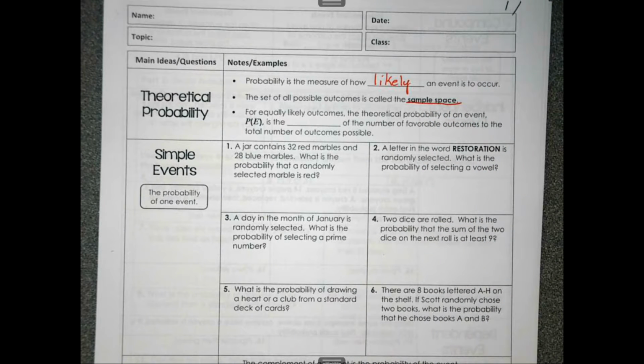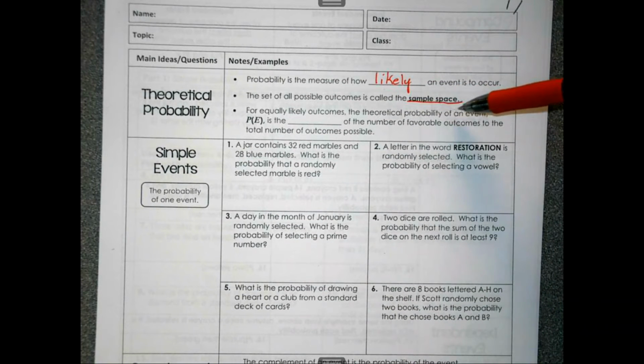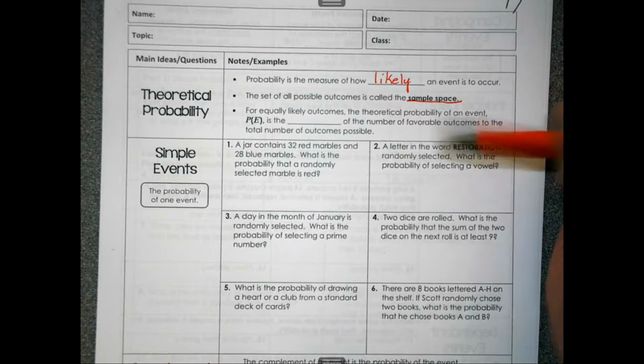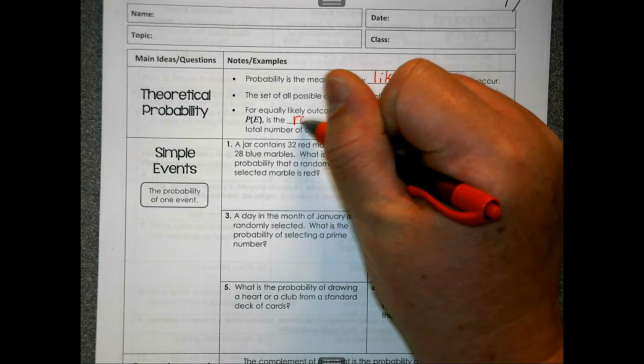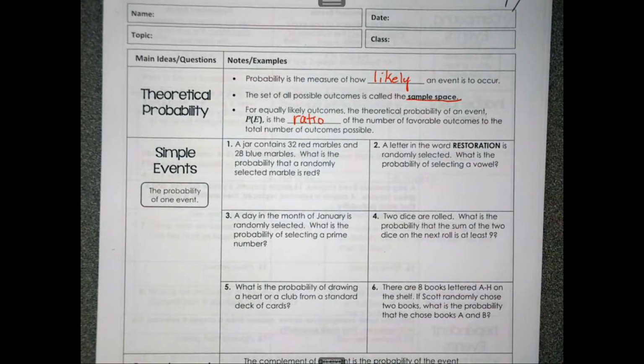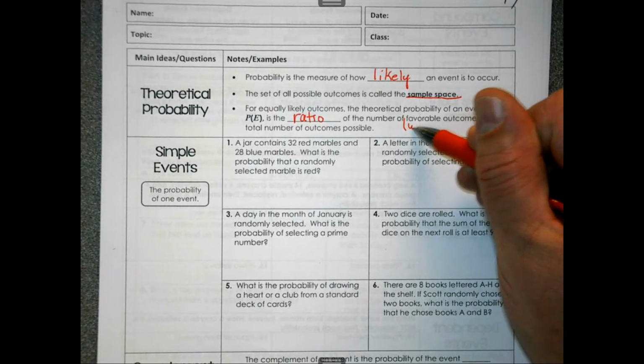For equally likely outcomes, the theoretical probability of an event, denoted as P of E, is the ratio, or as you commonly know it, fraction, of the number of favorable outcomes to the number of outcomes possible. By favorable, that means it's the ones we want.